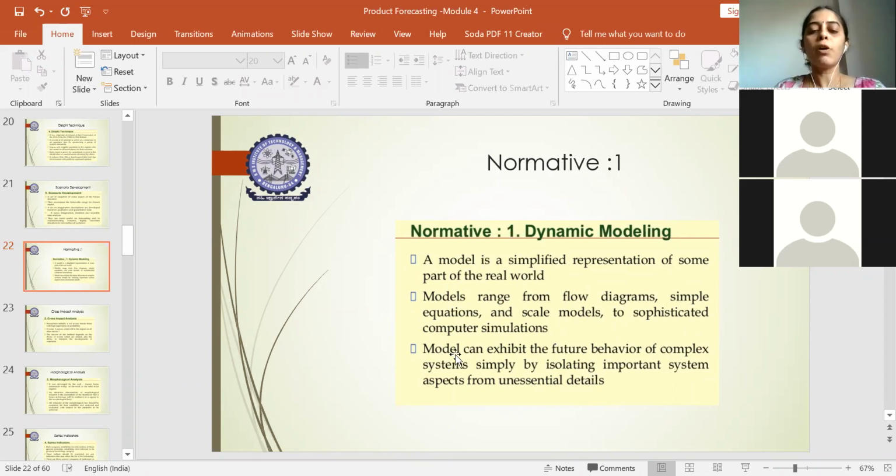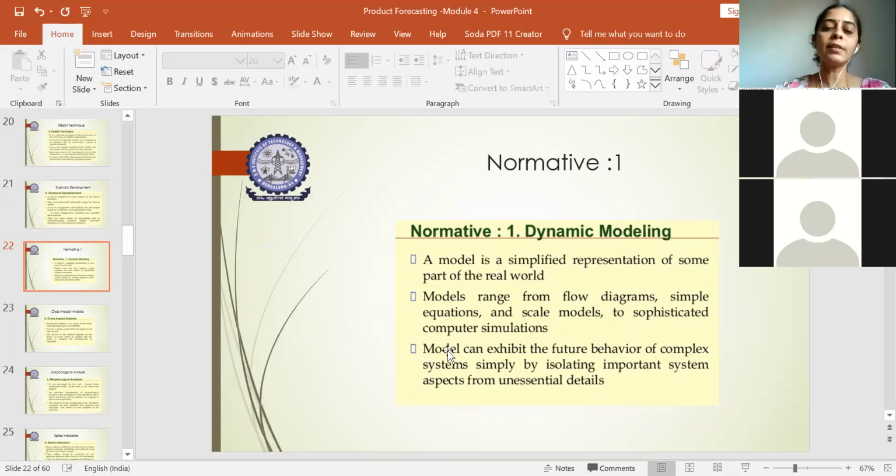Then later, the model can exhibit the future behavior of a complex system, because you will build the model, simulate and check. So it will predict what could be the future behavior of this complex system simply by isolating important system aspects from unessential details. In a model you'll have many complex systems, so some could be very important aspects and some are not essentially needed.